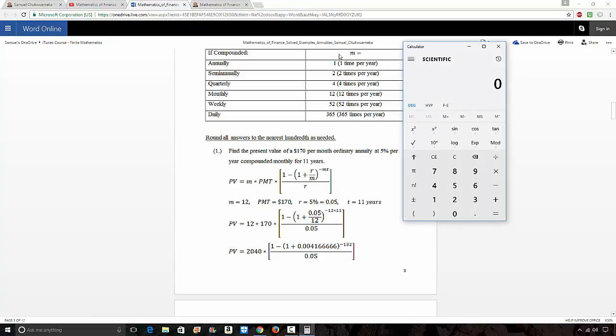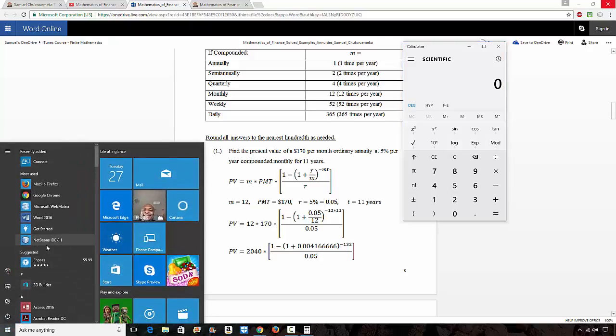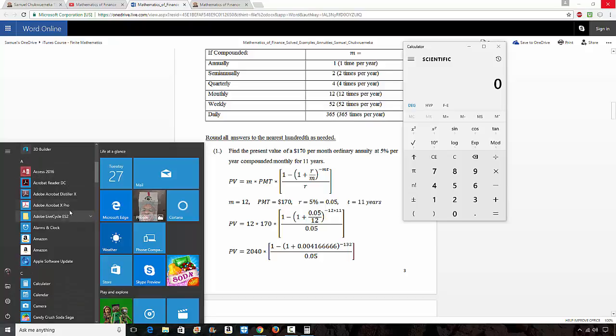You click on it. If you are not using Windows 10, then you might want to click on the Windows icon, or if you're using Windows 8.1, you get it from, when you go to the Edge, and you check for the accessories folder. You look for the accessories folder, and you can get the calculator from there.